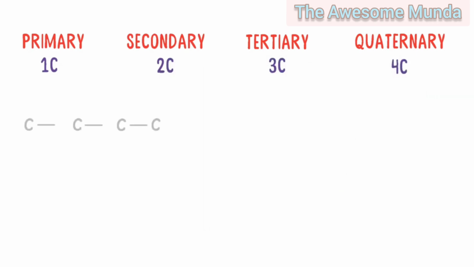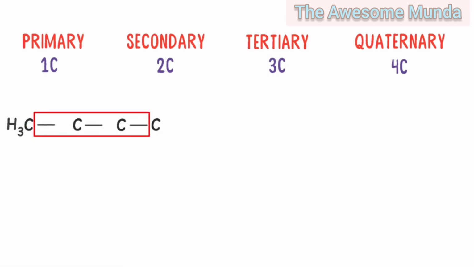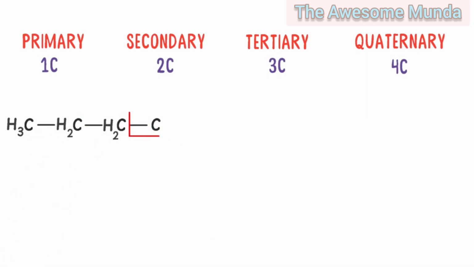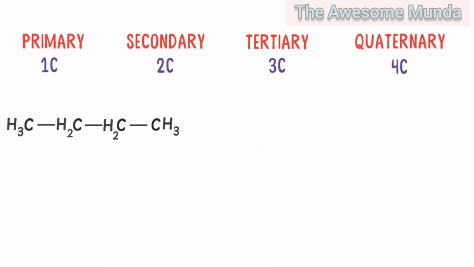Now consider 4 carbons. This carbon has formed one bond. I write H3. These 2 carbons have formed 2 bonds each. I write H2, H2. And this carbon has also formed one bond. I write H3. Now listen carefully.